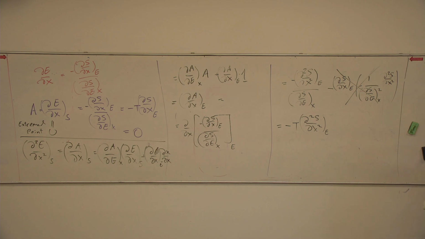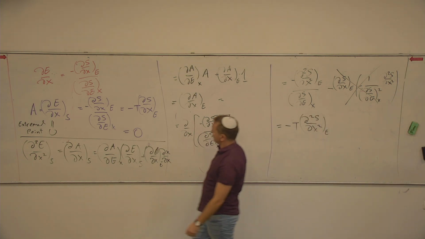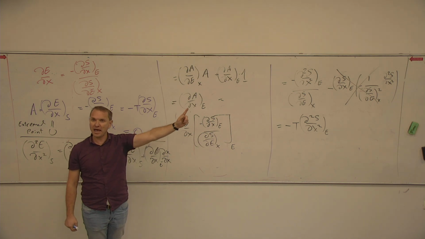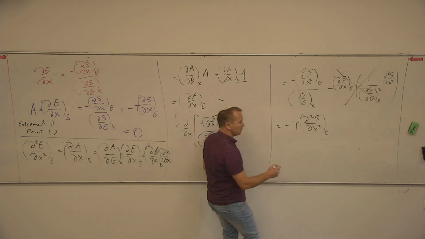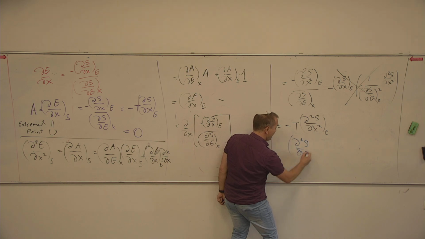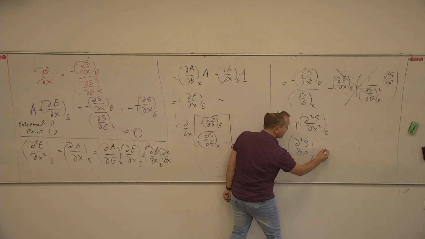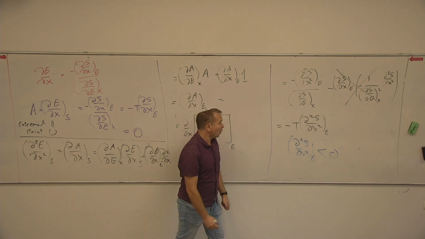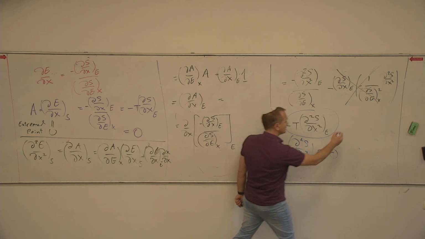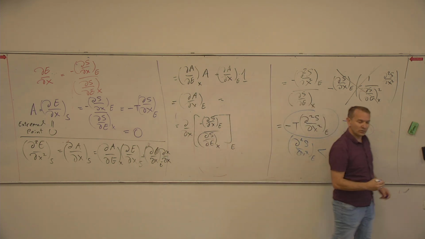Now we again work at the extremal point. At the extremal point, the system is at equilibrium. What happens at equilibrium? d squared S/dx squared at constant energy is less than 0. So all of this guy is greater than 0. Okay.